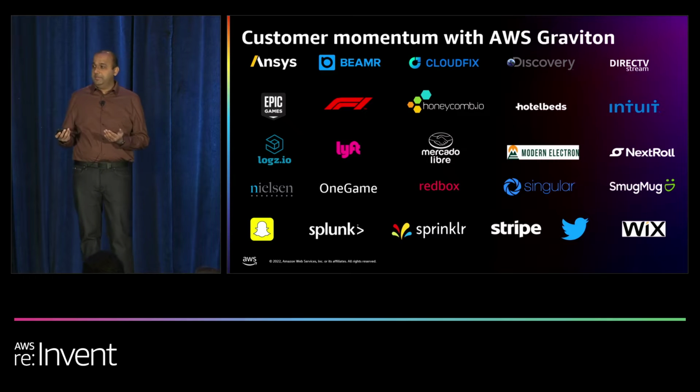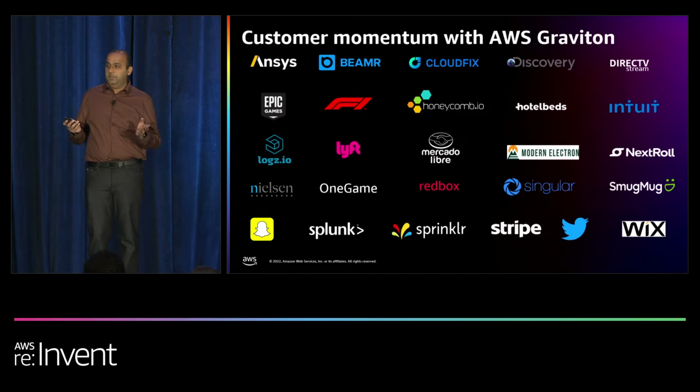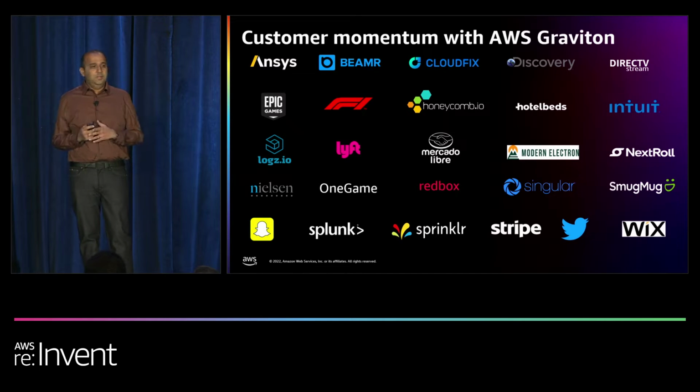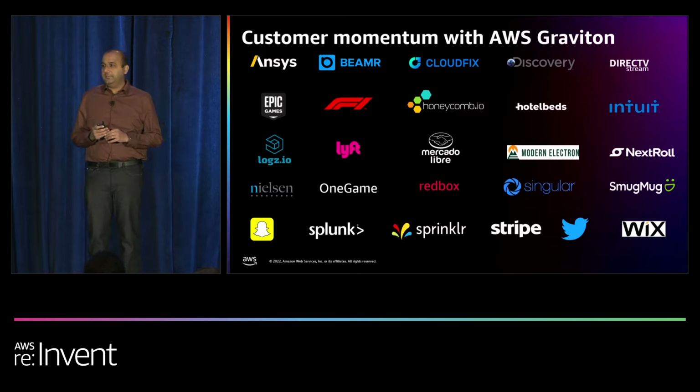Continuing with the customer momentum, today what we see is 48 of the top 50 EC2 customers by usage are drawing on Graviton2-based instances to lower their overall costs. And these include customers of all sizes, from the latest startups all the way through very well-established enterprises across geos and across multiple industry verticals.